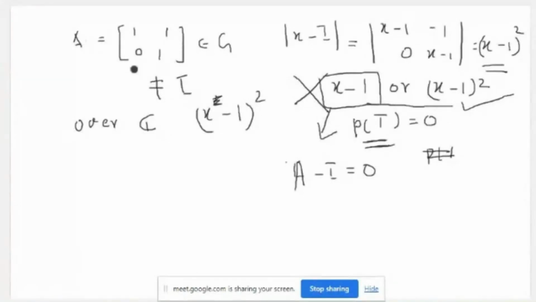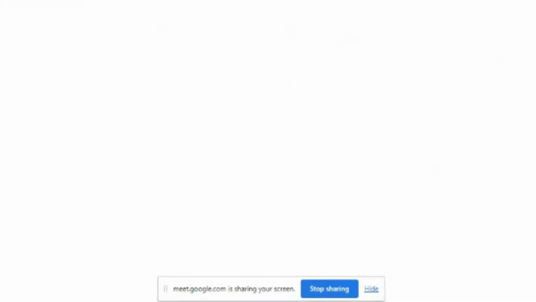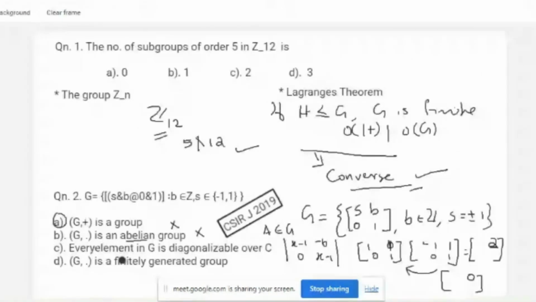This matrix you might have seen as an example in linear algebra. It's a non-diagonalizable matrix. So option C is also not true. Some elements are diagonalizable, but there are non-diagonalizable elements as well.